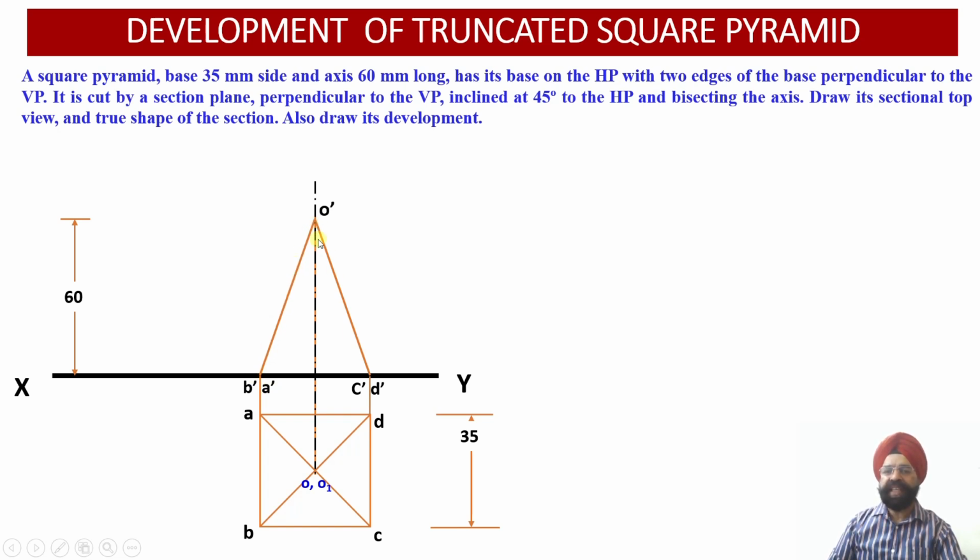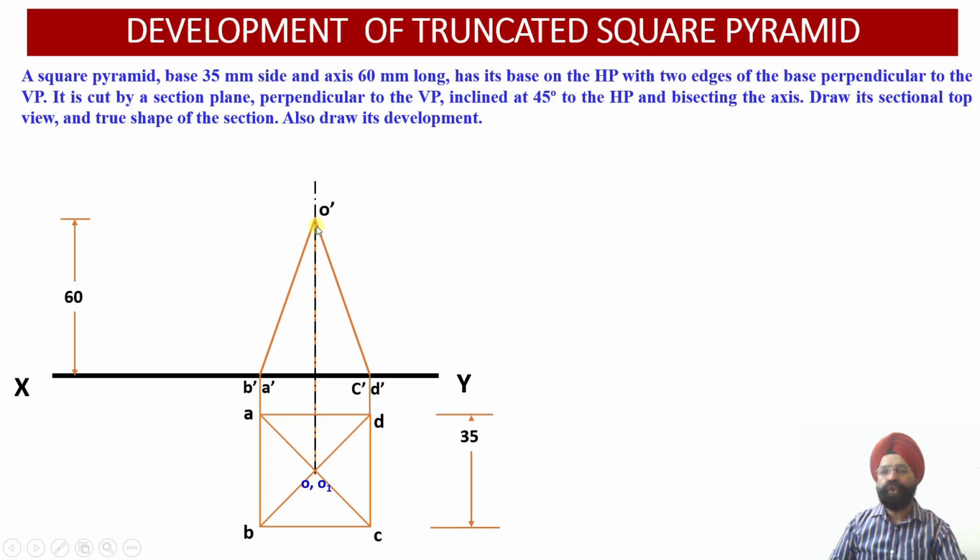A similar concept applies here. The projection corresponding to OD, that is O dash D dash, should be hidden, so this should be dotted, but it has been overlapped by the solid line projections of the edge OC in the front view. So O dash C dash, which is the front view projection corresponding to this slant edge OC, will be a dark line, represented by a solid line.